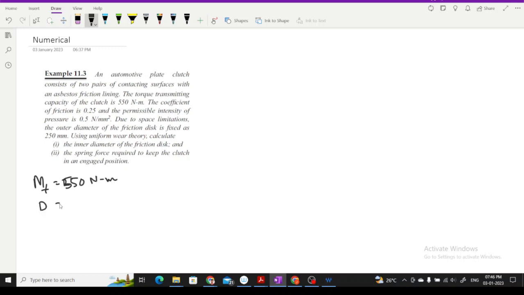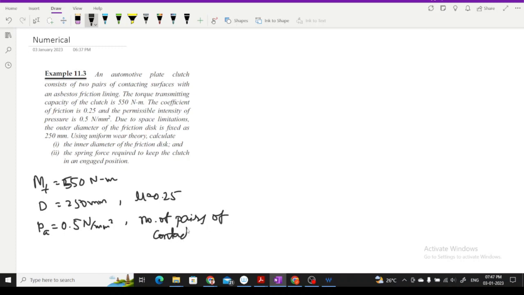Then this capital D is 250 mm. Mu is 0.25. P is 0.5 Newton per mm square. Number of pairs of contacting surfaces is equal to 2.